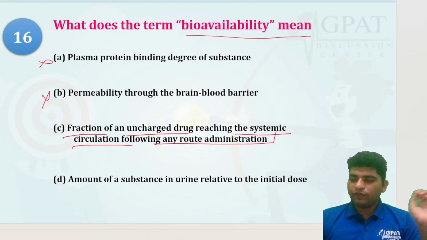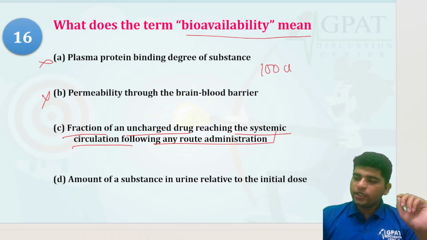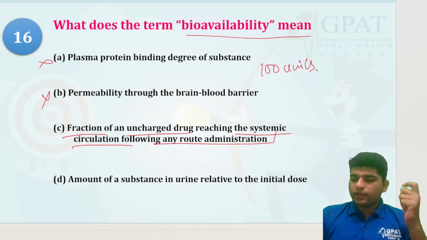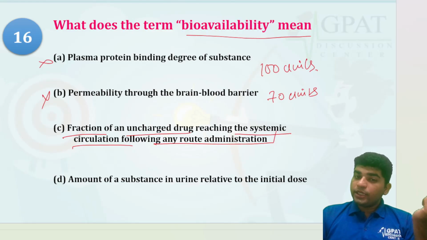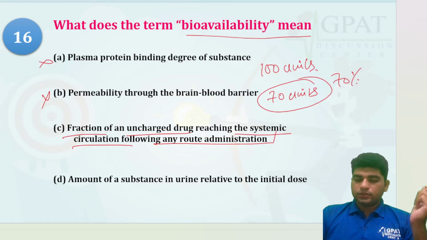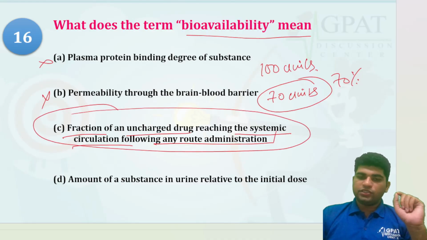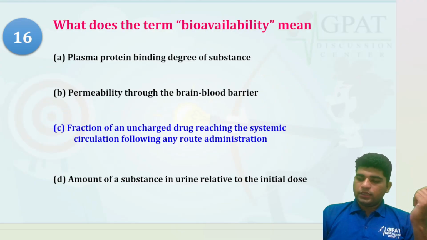Say you have taken 100 units of a drug, but after absorption only 70 units are found in your plasma. Then the bioavailability of the drug is 70%. A decrease in bioavailability might also be due to first pass metabolism, isn't it? So the fraction of unchanged drug reaching the systemic circulation following any route of administration is the bioavailability.